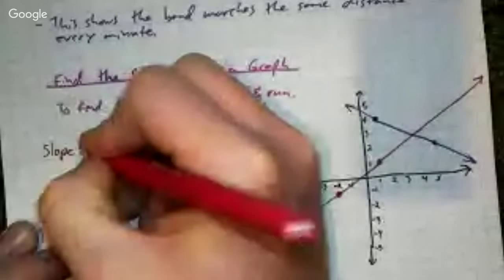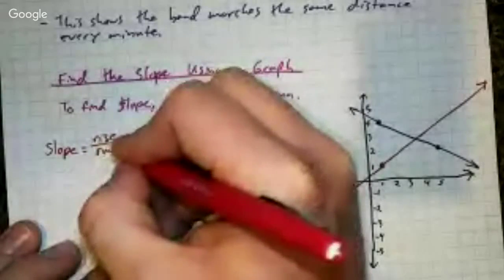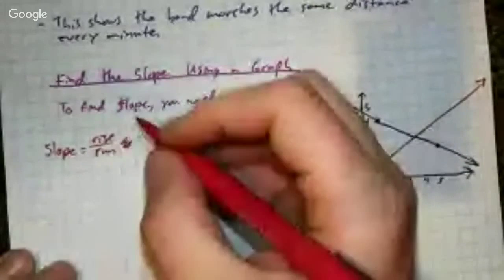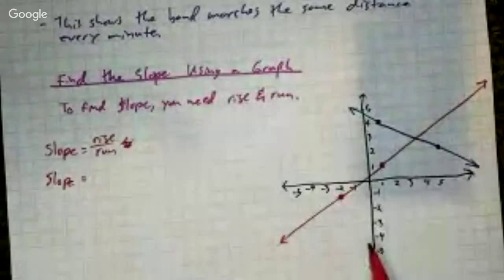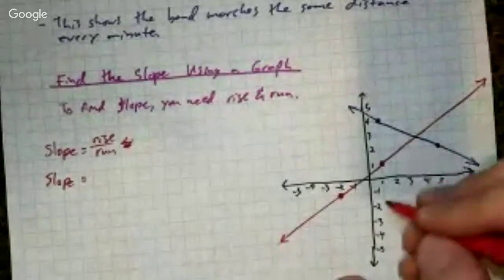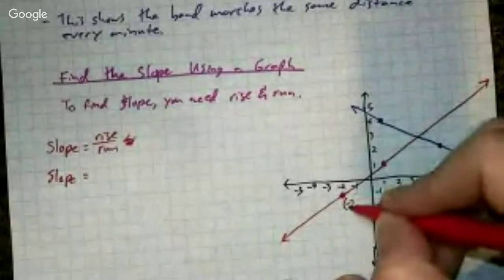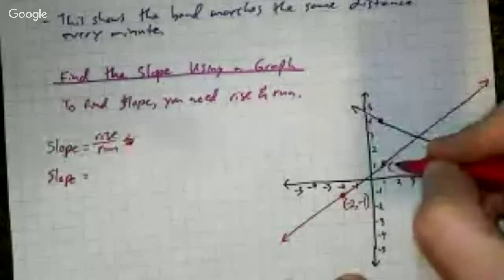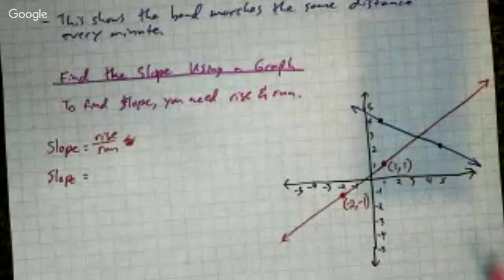The slope is going to equal the rise over the run. So in this case, what does it equal? Well, let's find our two points again. This one was (-2, -1), and the other point was (1, 1). So let's find that rise first.